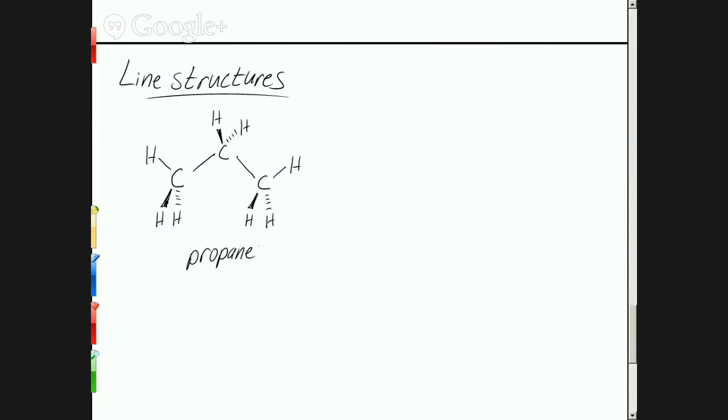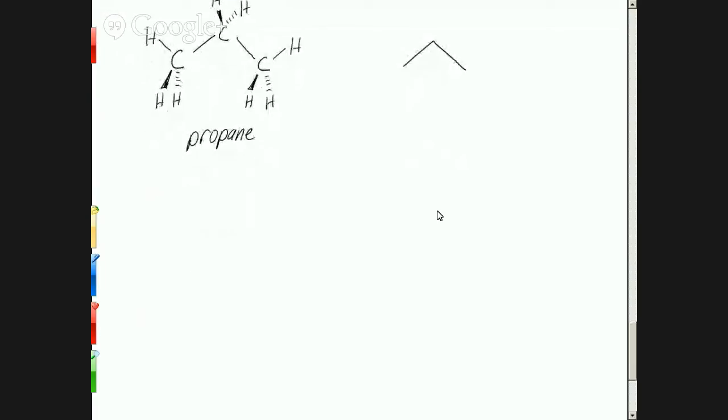Just take a look at what you've drawn before. And this is our 3-dimensional structure. Now the line structure of propane looks like this. Okay? And if we know the rules, which we'll talk about in a second, that tells us just as much information as the one on the left does. So let's look at how we get that structure on the right and how we can know what's going on.